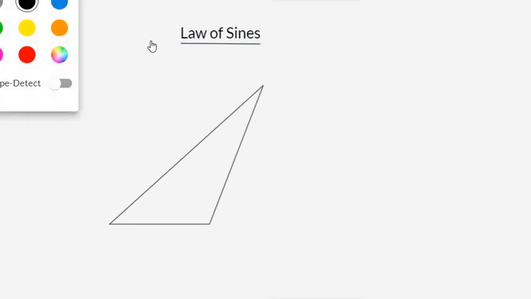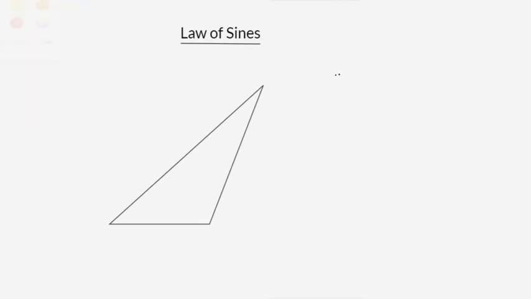Now the basic idea about the law of sines is that your triangle needs to be arranged in this way. If this angle is A, this is B, and that is C, then the sides have to be labeled in a certain way.